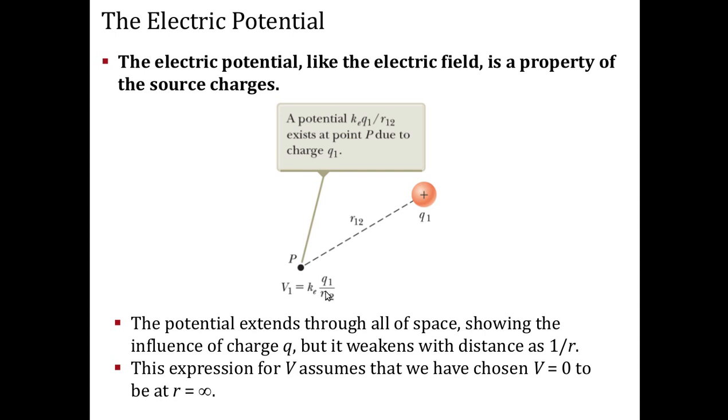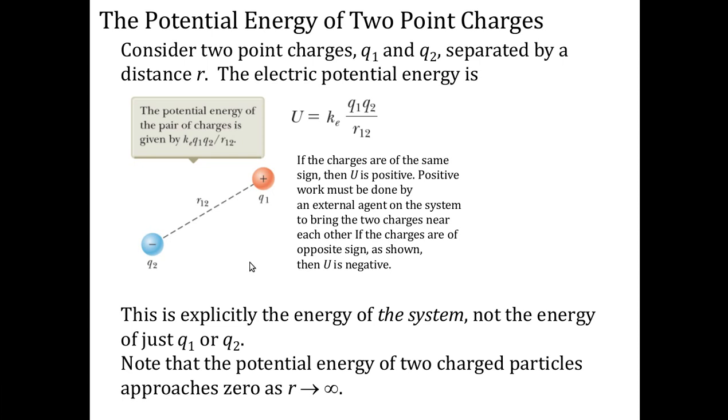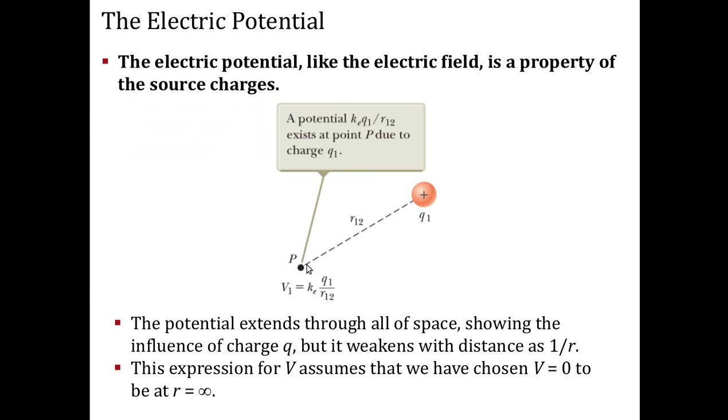So I can take that Q2 that was here. Let's say that was a negative charge, and instead of potential energy, I want potential energy per unit charge. So I want U over Q2. I want the potential at that location even though that charge is gone. So I divide both sides of this equation by Q2, and I get my electric potential, which is k Q1 over the distance between that charge and that location.